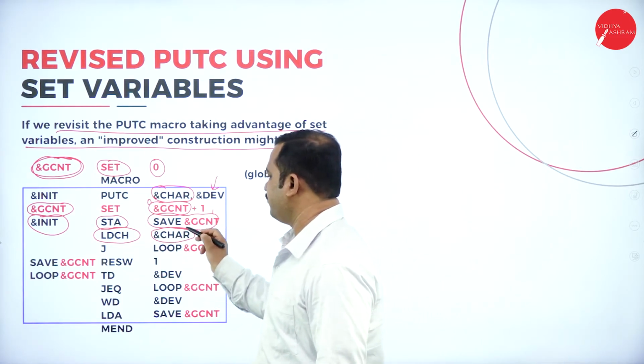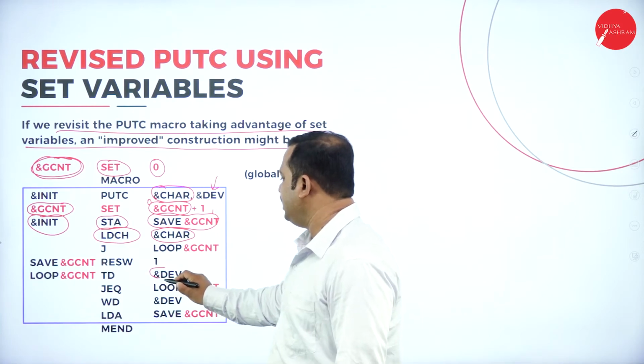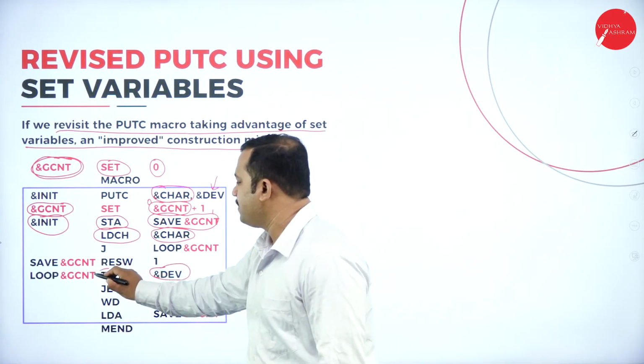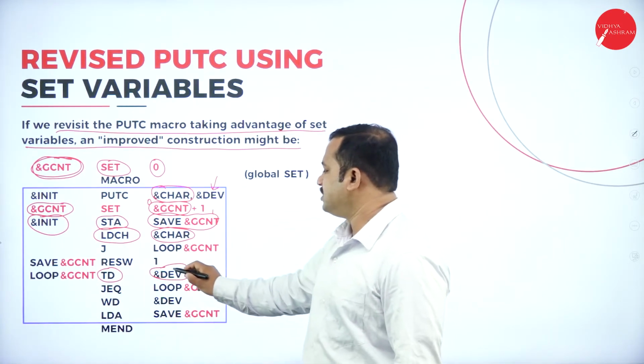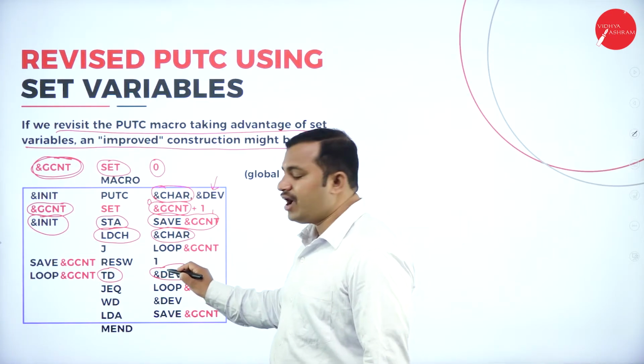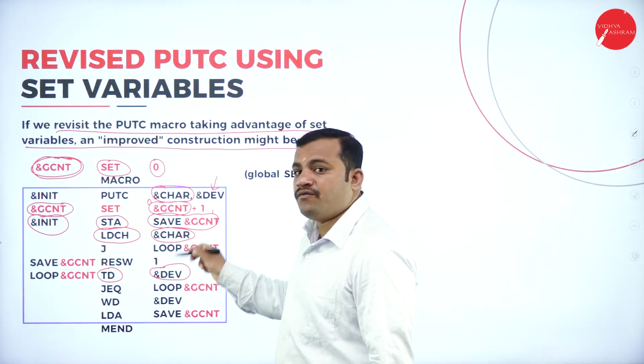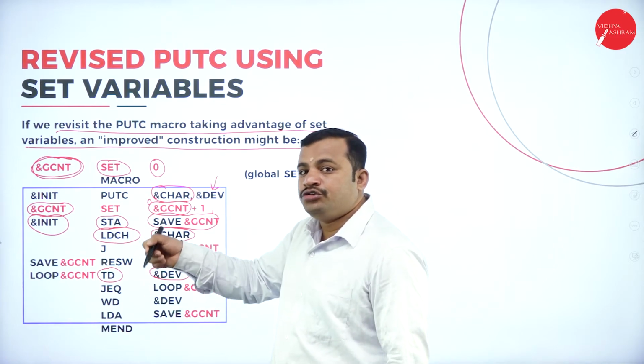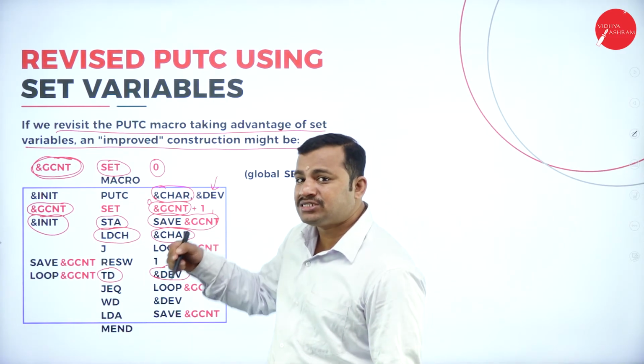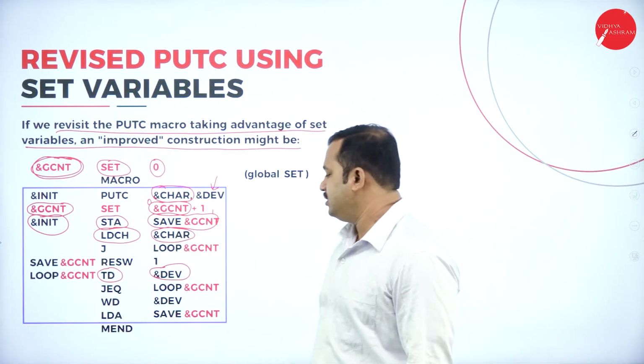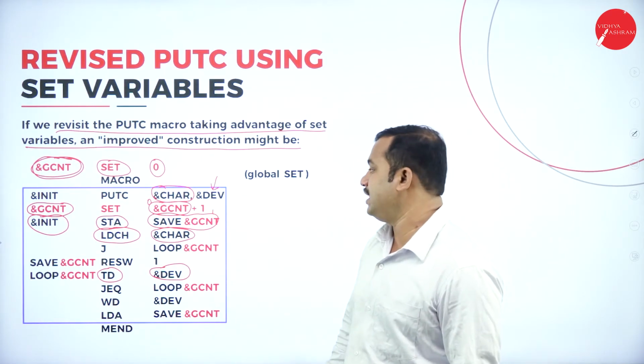We have TD, the device name, ampersand device, that defines the device from which the character is going to be read. Once it is read, it has to be printed. The same thing is going to be explained here.